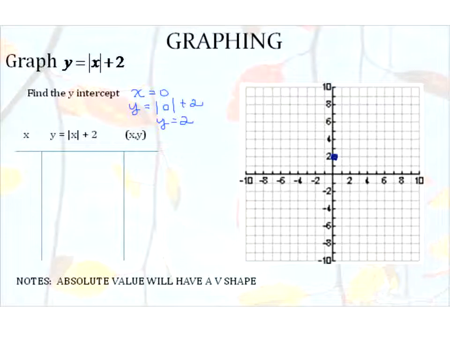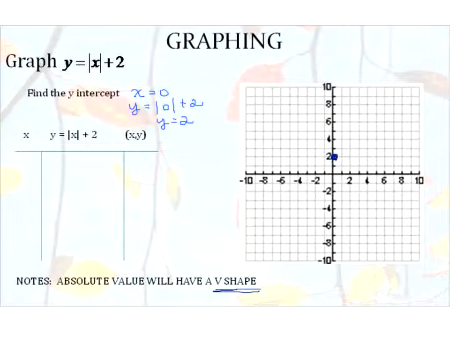Now, if you've looked at the lesson so far, you may not have. This is going to be the bottommost point for your graph. So your y-intercept, with what we're doing right now, is going to be the bottommost point of your graph. In absolute value functions, you'll notice the note down here, they have a V shape.